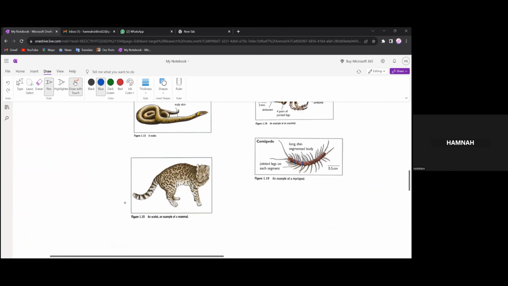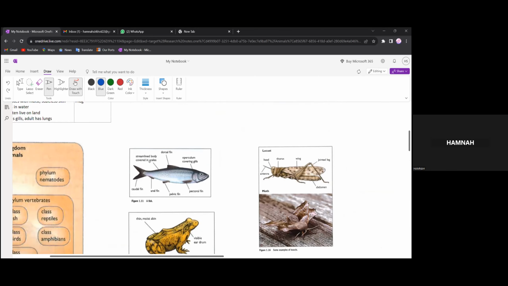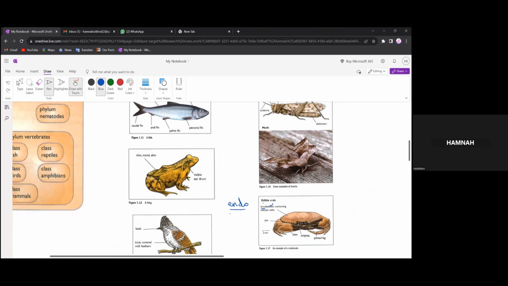I've put pictures of mammals as well. These 5 pictures: fish. What's this? A frog. What is the frog? What's the phylum? How do you categorize it? A frog is a what? Is it a mammal? Is it a bird? What is it?